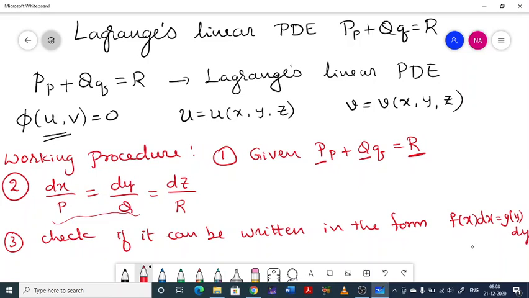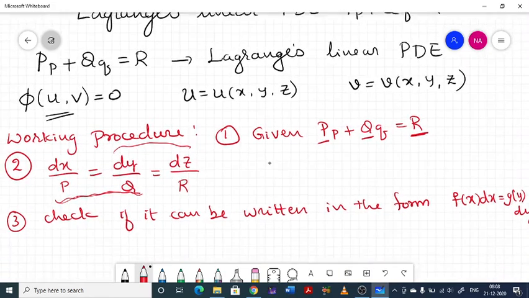So that means you have to try to separate the variables in this pair and then consider this pair. So pairwise you have to consider, then try to apply separation of variables if it is possible. If it is not possible, then you have to choose multipliers.